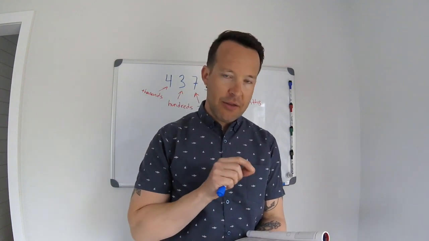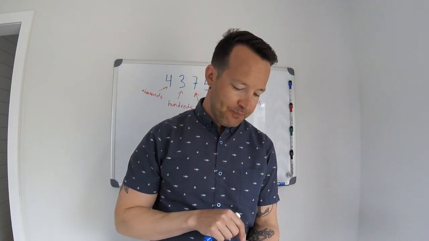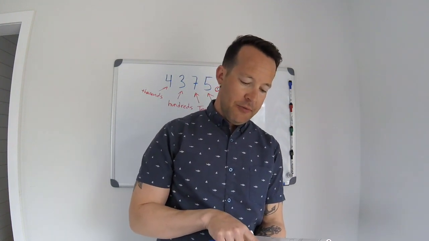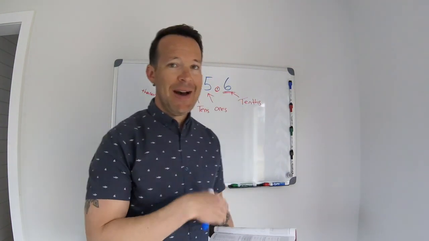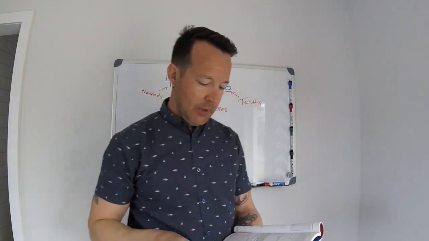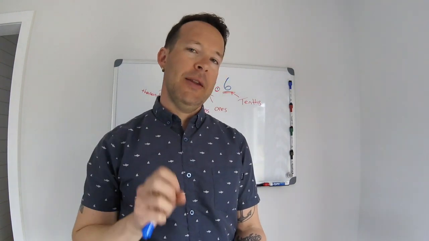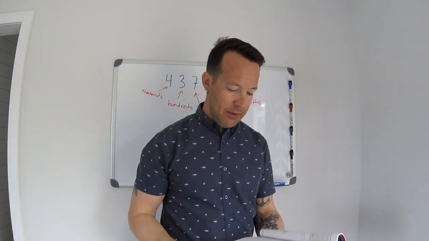We underline the 3 and we know it's in the hundreds column. B, 405.3. We underline the 3 and it is after the decimal, so it's in the tenths column. I think you get the gist of that. Find the number 3, underline it, and tell the book what place value it's in.